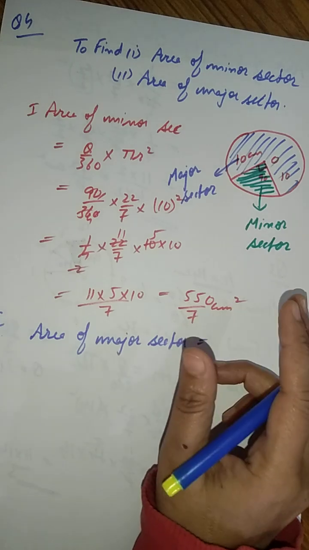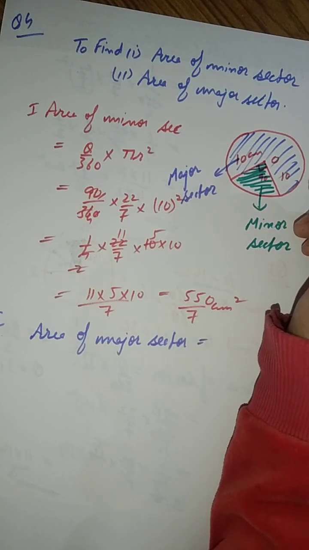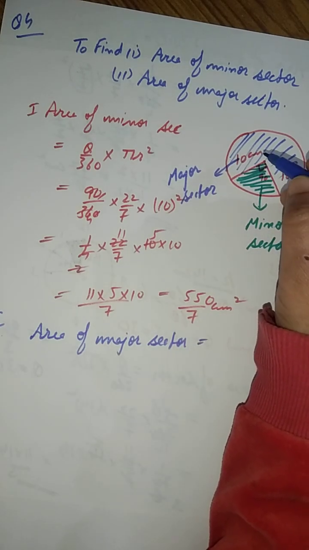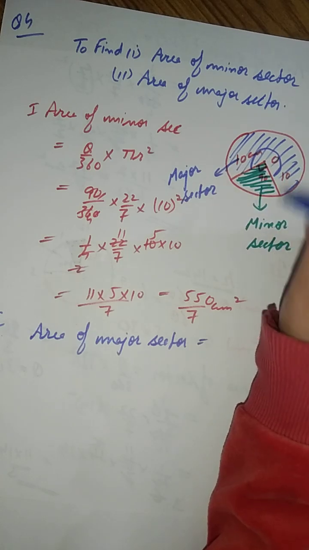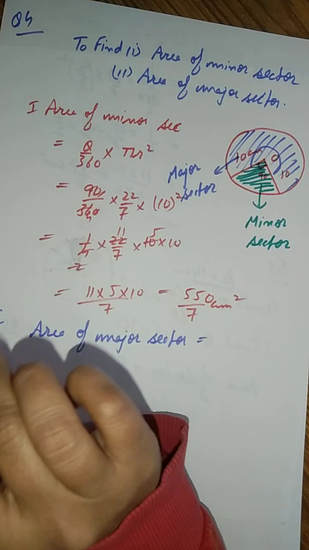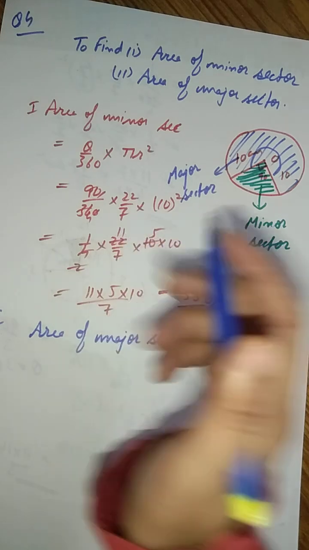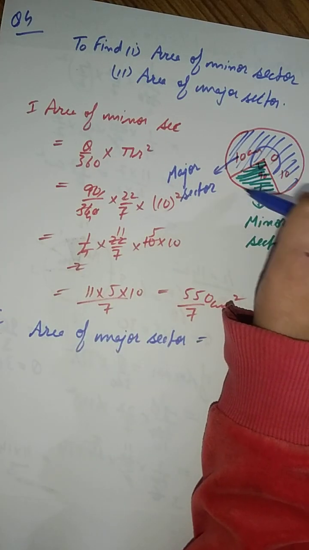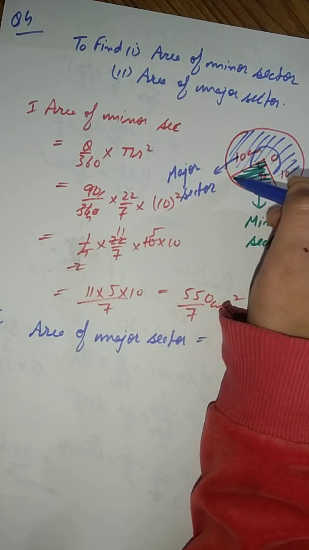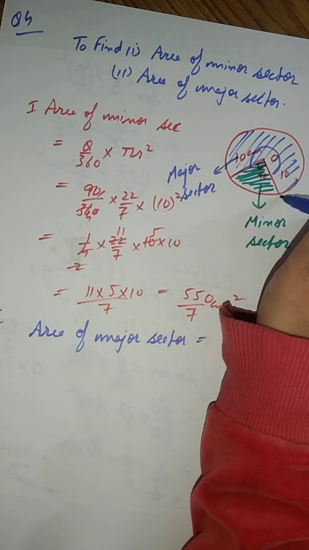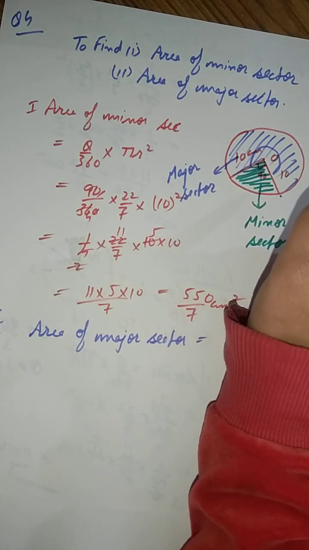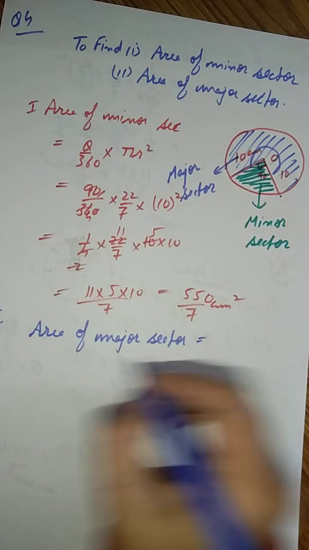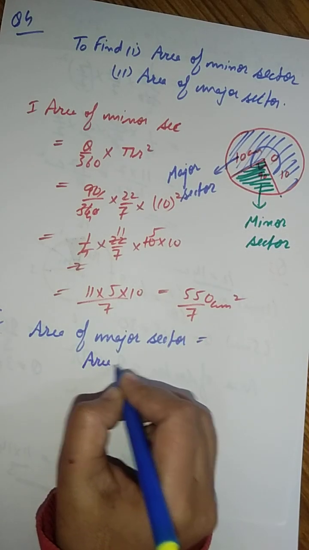We can apply the formula also, but then we have to find theta also. Theta is the complete angle minus 90 degrees, and you can apply the same formula. Otherwise, you can just find the area of the full circle and subtract this segment from the circle, and the remaining portion will be the area of the major sector. So we can do it like this also.